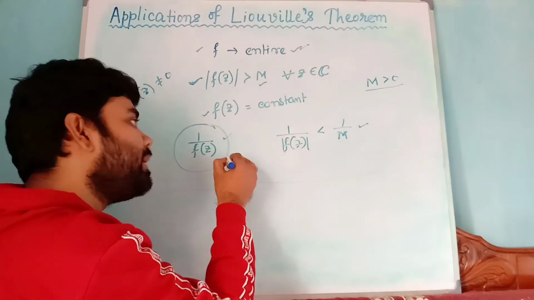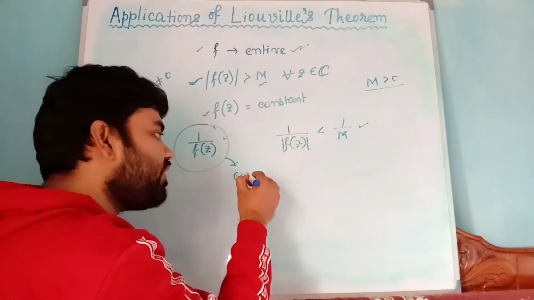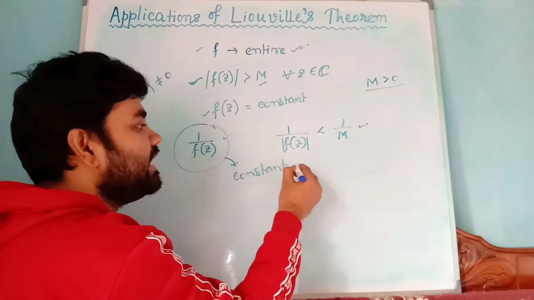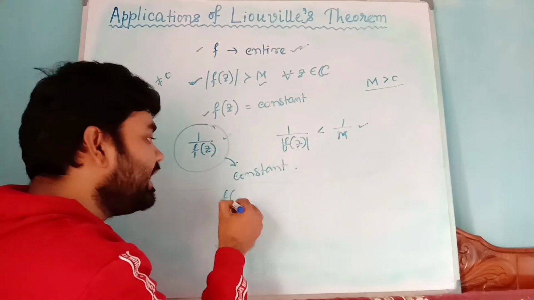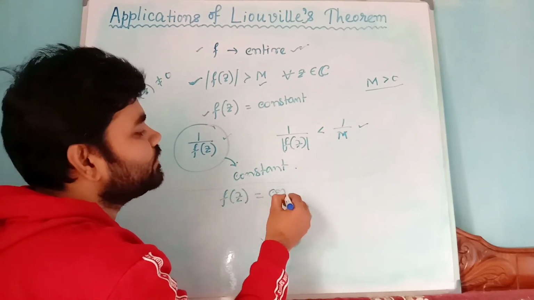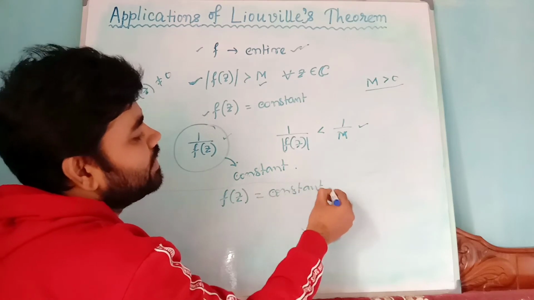So we can conclude by Liouville's theorem that this is a constant function. So 1 by f(z) being constant gives f(z) also constant. So this is our application.